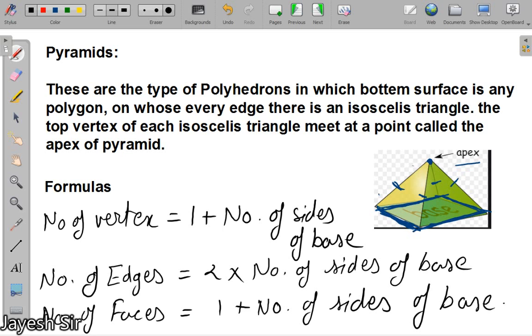Okay, so if we know the sides of the base, if we know what kind of polygon is the base, we can easily determine number of edges, number of vertices, and number of faces for a pyramid.